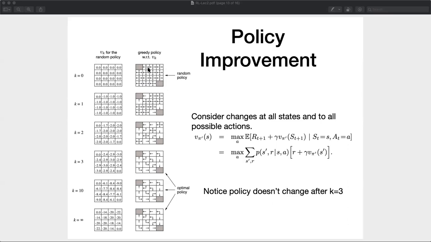This is where we start. We have a policy and we have values. These are their initial values for the states. If we were to follow this random policy, following trajectories and calculating those averages to get the value approximation, this is the value you'd get.